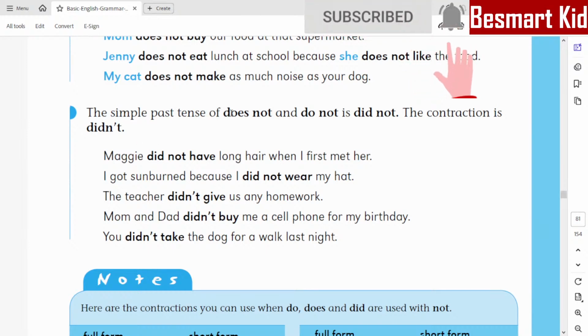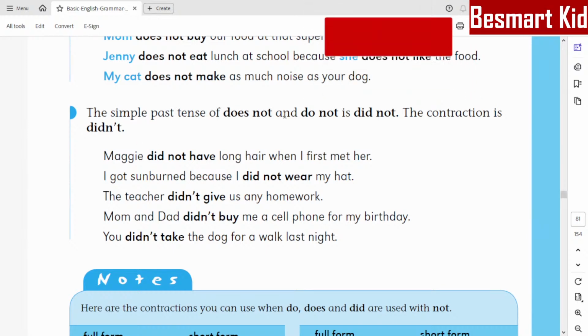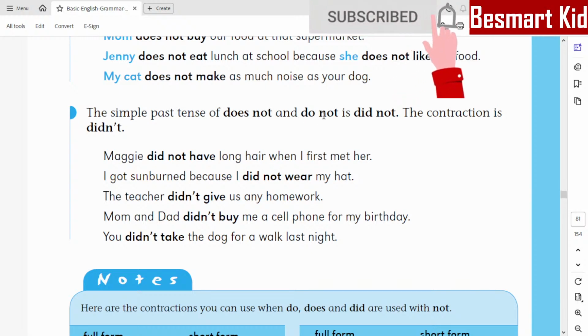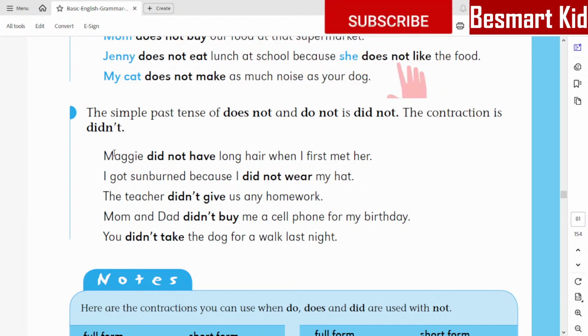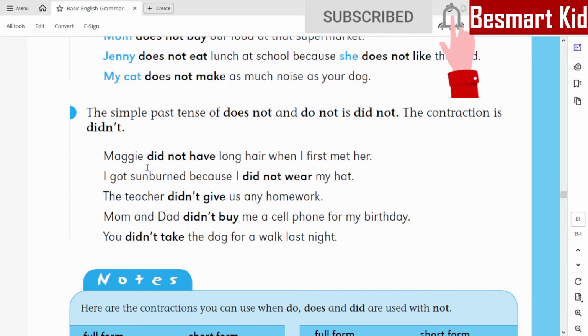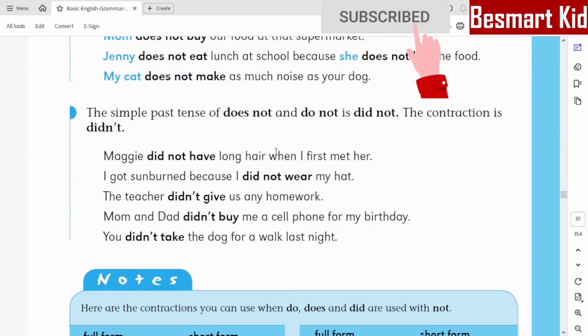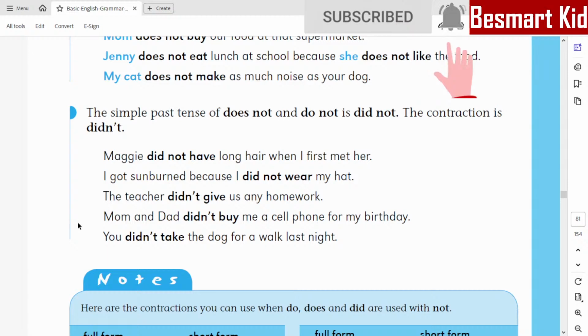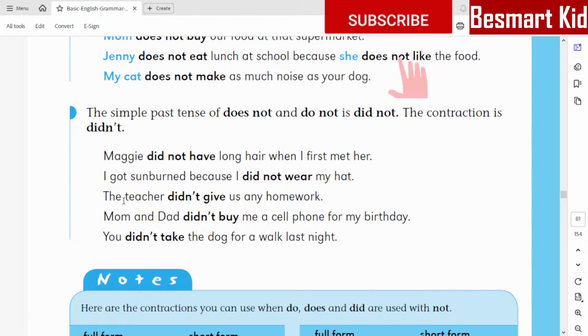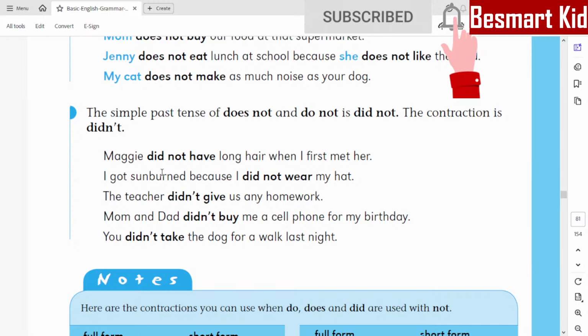Simple past tense of does not. I got sunburned because I did not wear my hat.